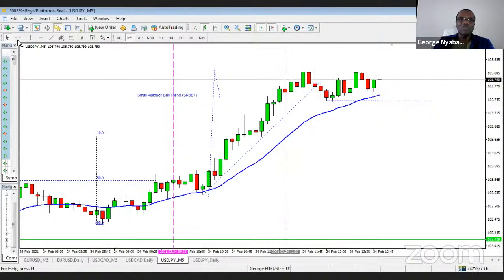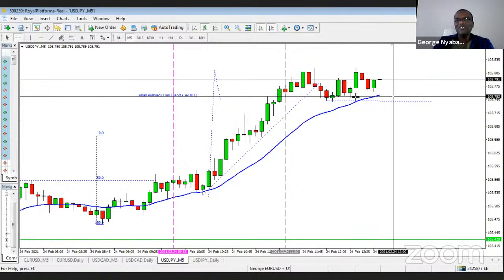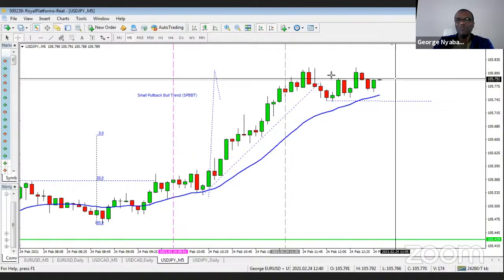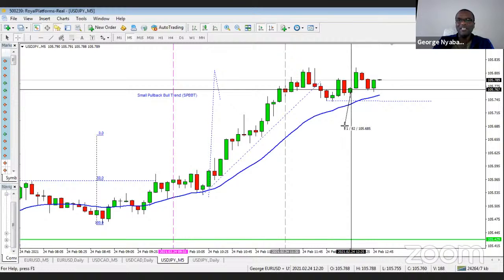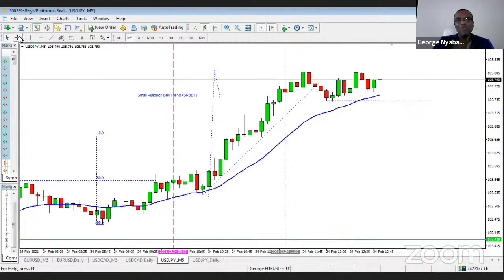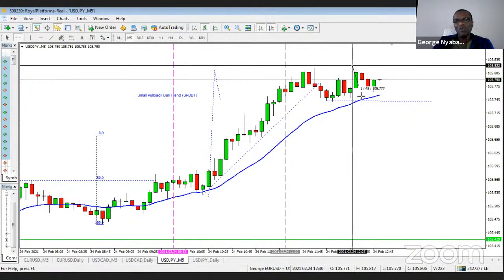Now, when I say 10 pip stop, so if you're taking it, let's say we're taking a trade here and we're happy with our range, our 10 pip stop is kind of down here, which then says if the market moves all the way down to my stop and it turns, I'm in my 20 pip range, because I'm expecting that a 20 pip range is a decent range for price action to create movements within. So you're not going to get stopped out unnecessarily.